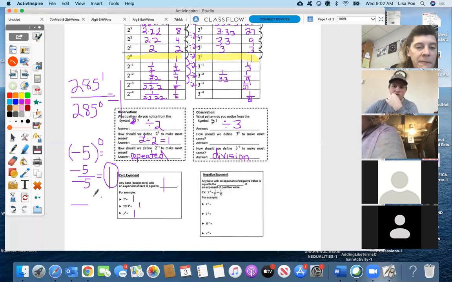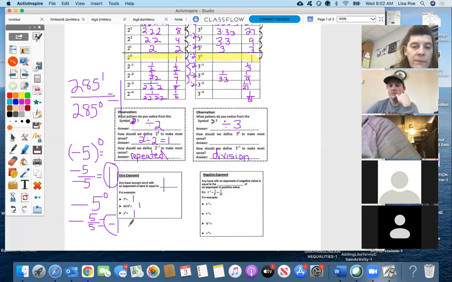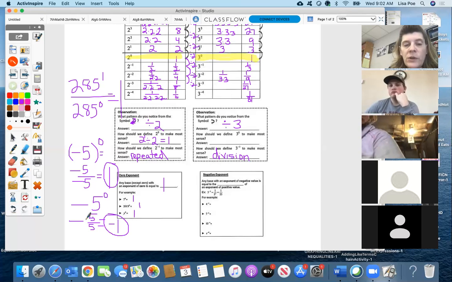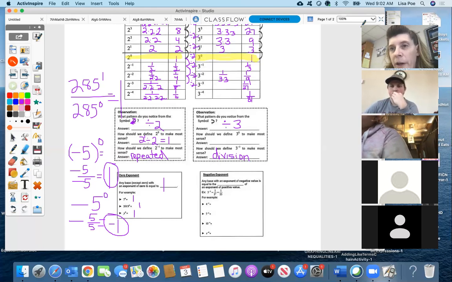If you have -5 to the 0 without parentheses, then that's really saying -5 divided by 5, so that is equal to -1. So when you have parentheses holding it in, that gives you +1. When you don't, it's -1. All right, just so you're aware.